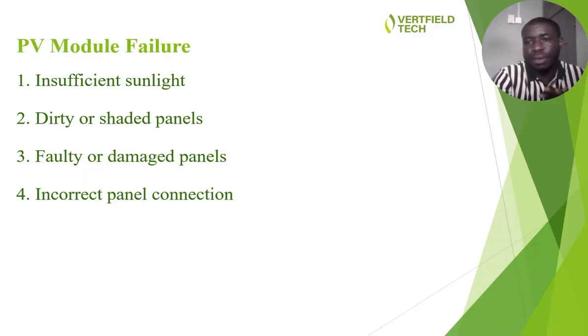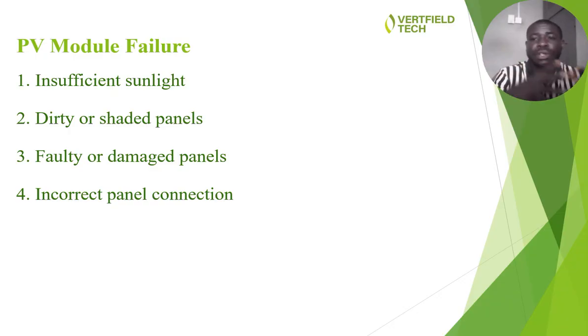PV module failure. Yes, this is also very, very important. When we say PV module failure, we're talking about your solar panels failing, the solar panels' inability to generate the required amount of solar energy.